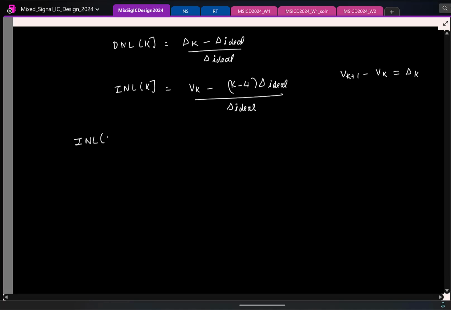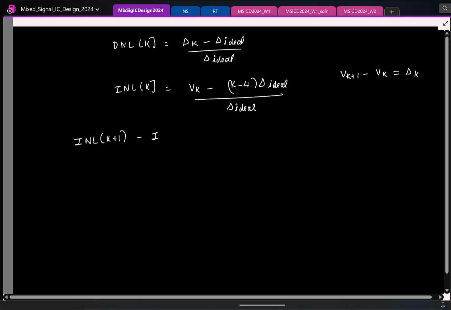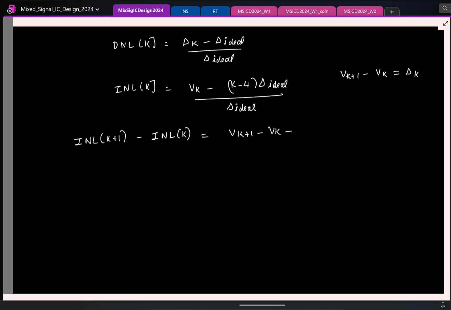Right? So let us say you find INL of K plus 1 minus INL of K. So this will be the first term, Vk plus 1 minus Vk, and this will be K plus 1 minus 4 minus K minus 4. That will just become delta ideal.